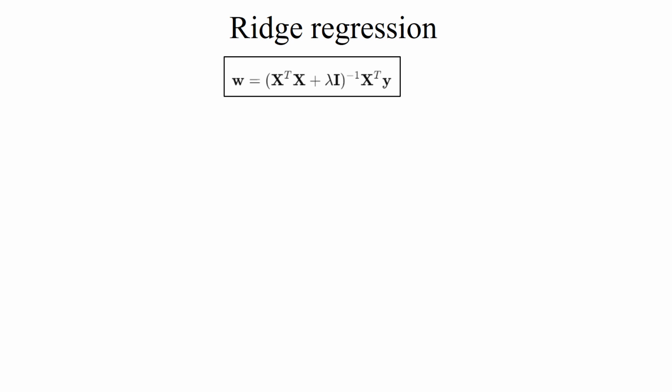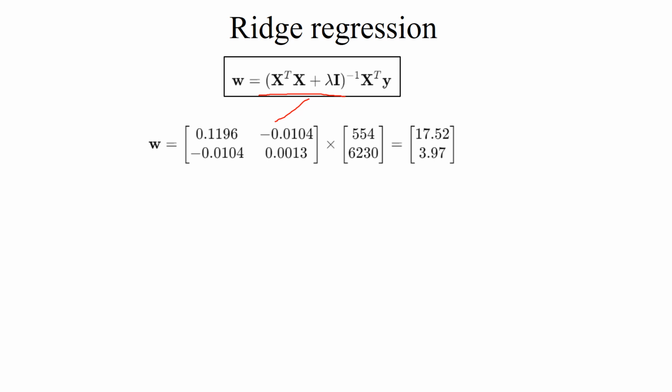In this equation, we compute X transpose into X plus lambda into the identity matrix, apply the inverse, which results in this matrix, and then calculate X transpose into Y, which results in this matrix. When we find the product of these two matrices, the resultant matrix is 17.52, 3.97.